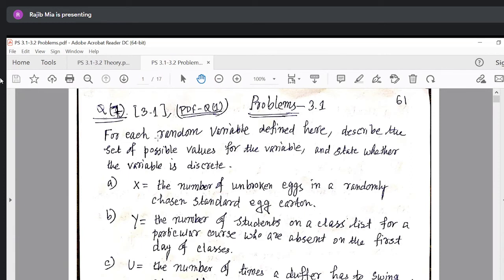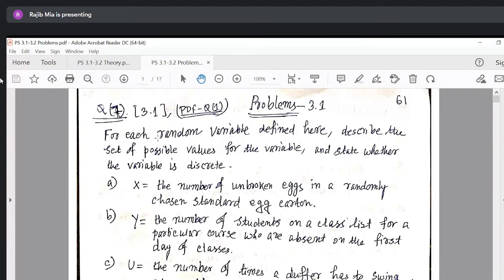Suppose that a standard egg carton contains 12 eggs. Then what are the possible values of x? 0, 1, 2, 3, 4, up to 12, exactly.